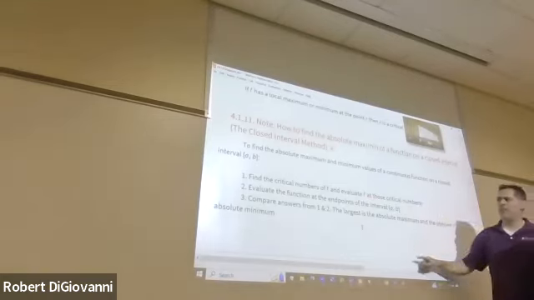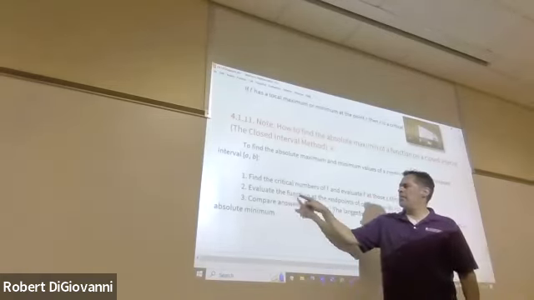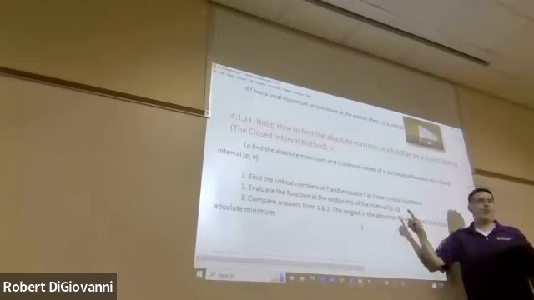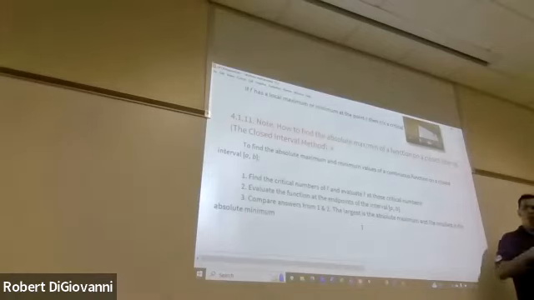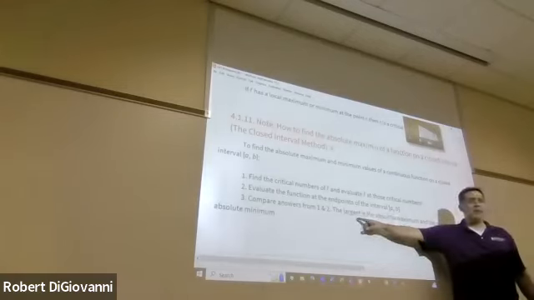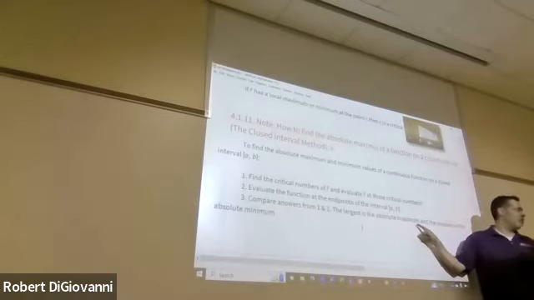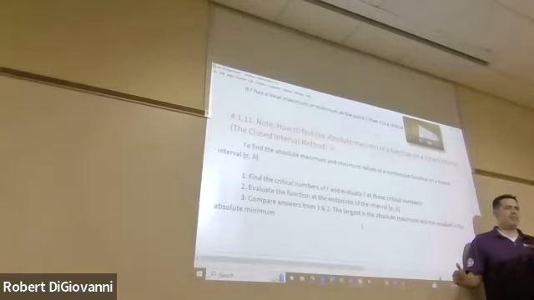The second thing we do is evaluate the function at the 2 endpoints of the interval. And what we're going to have is multiple answers. We're going to look at those answers. The biggest number we get out is going to be the absolute maximum, and the smallest number we get out is the absolute minimum.